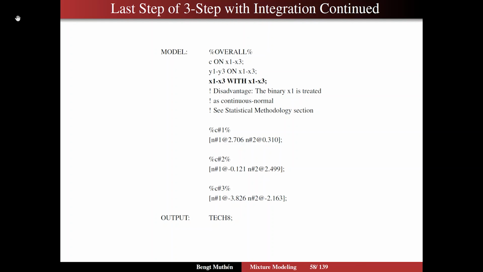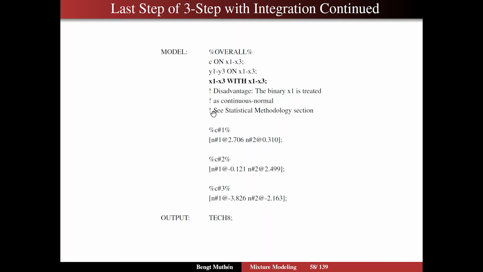The input continues on slide 58, where the key feature is that we covary the x's with each other here, and thereby bring them into the model. The disadvantage of that is that the binary x1 is treated as continuous normal. And we discussed that in detail in the statistical methodology section.